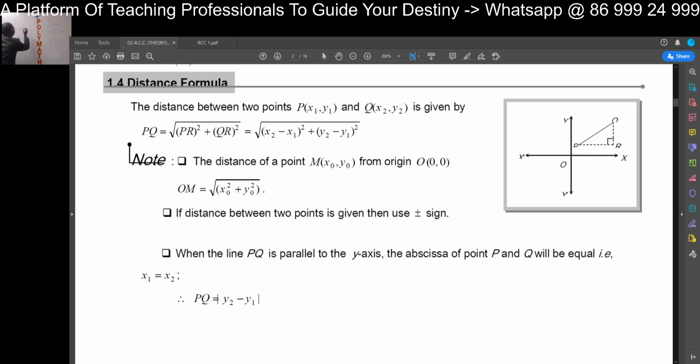The horizontal distance is nothing but x2 minus x1. Similarly, the vertical distance is nothing but y2 minus y1. You may get this while solving problems. That is why I discussed that. Okay, now let us move on to some problems here.